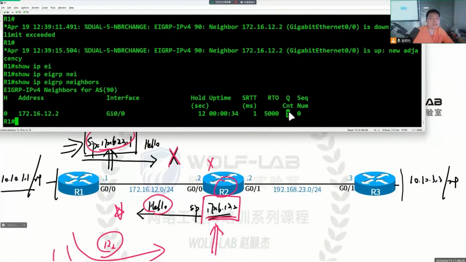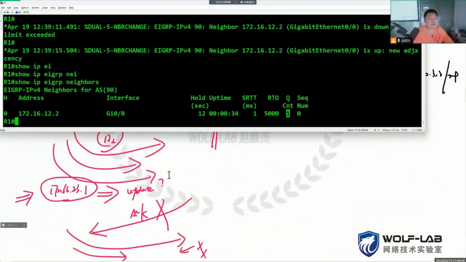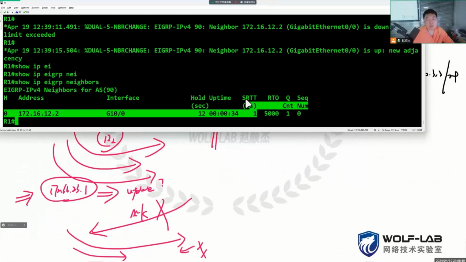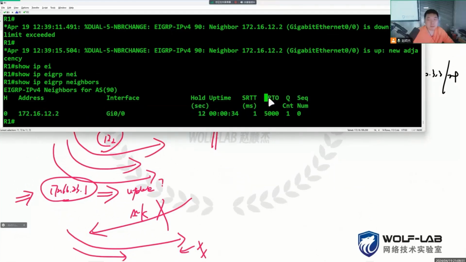Then after a period of time, if you don't receive our ACK, what do we do? We retransmit after exceeding the RTO time. So at this time R1 will keep sending update packets. The retransmission flag is set to 1, because the update I sent did not receive an ACK reply.